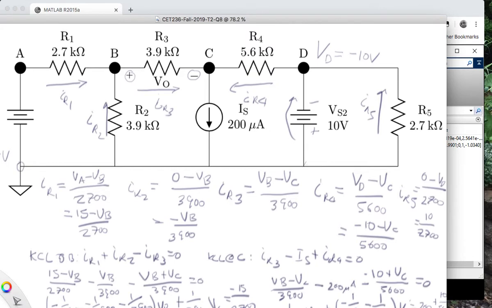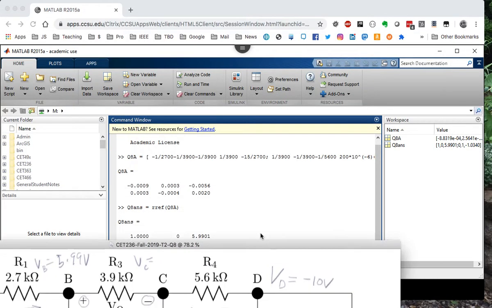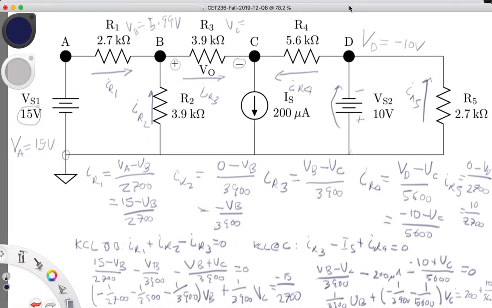So VB up here is 5.99. Let's try that again. So 5.99 volts, that's VB, and VC equals, what did it say again? It said minus 1.034.